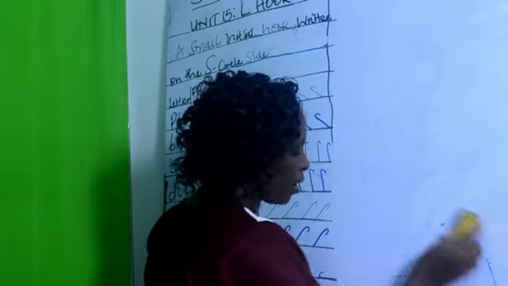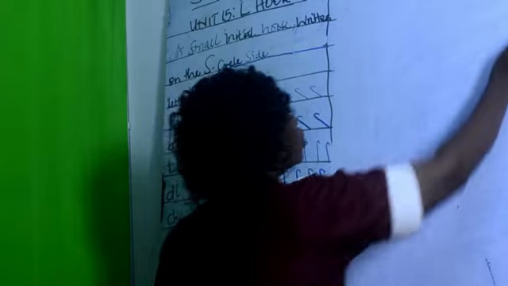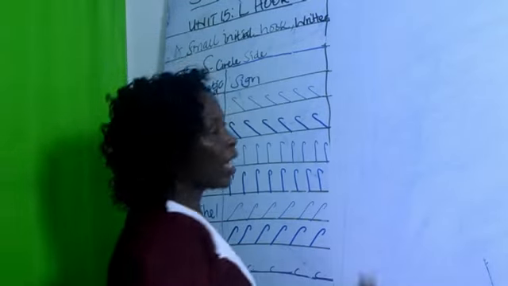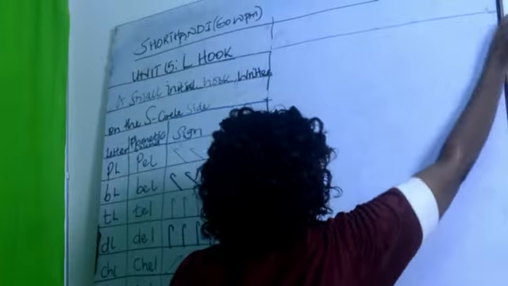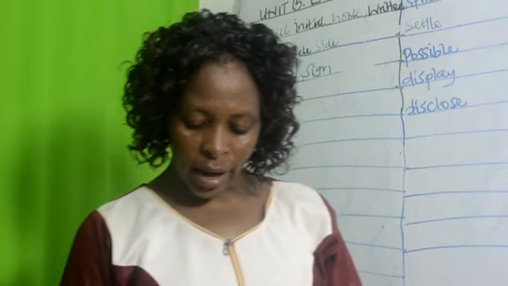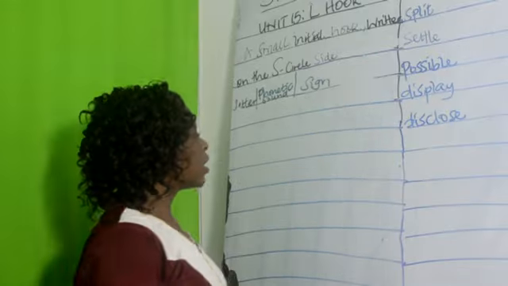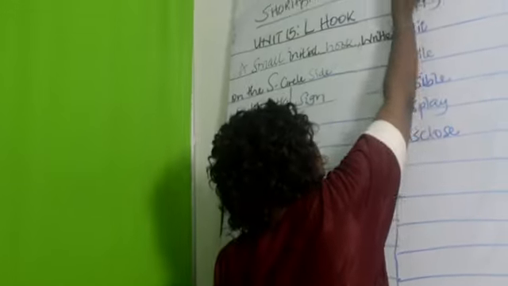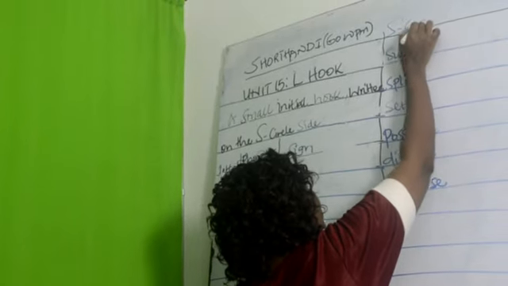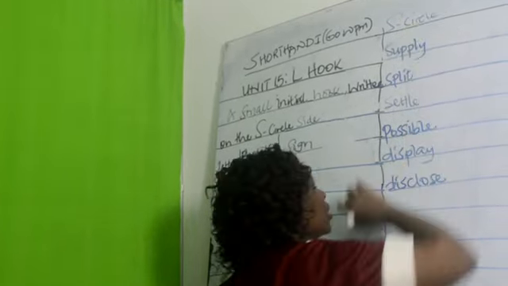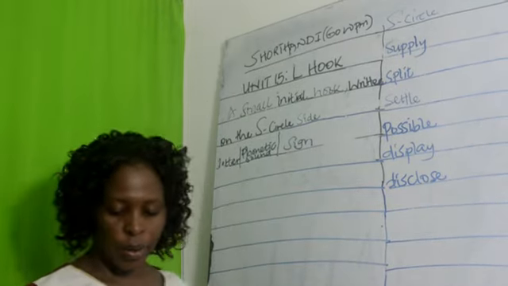So look up here. We are going to look at those words where the S circle is added inside the L hook.